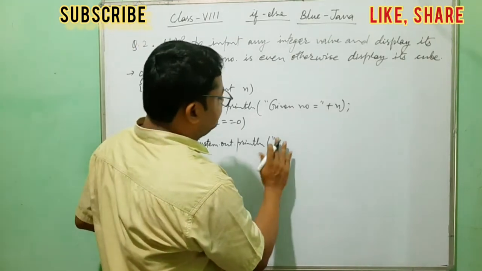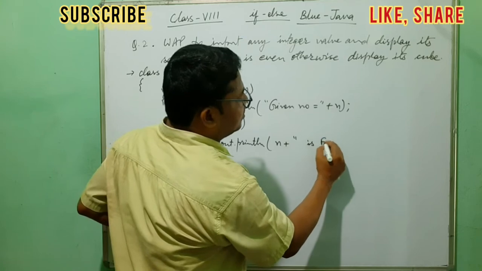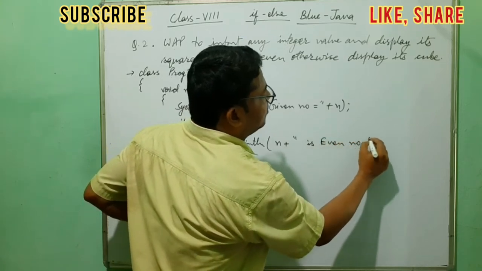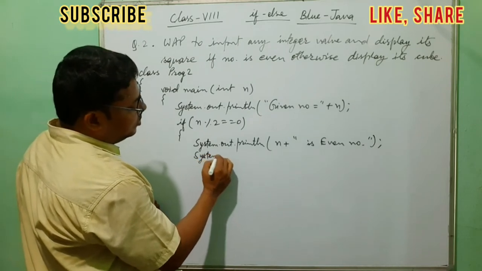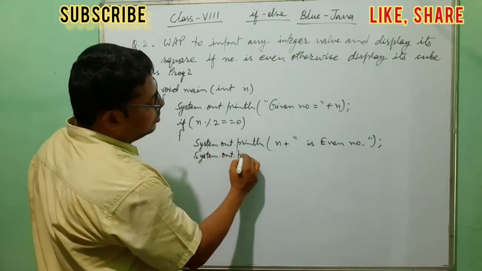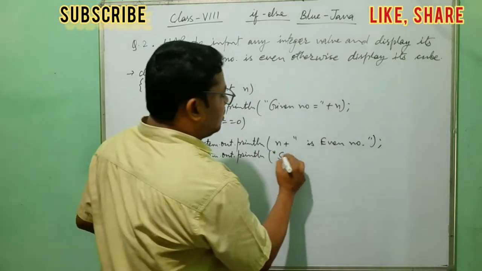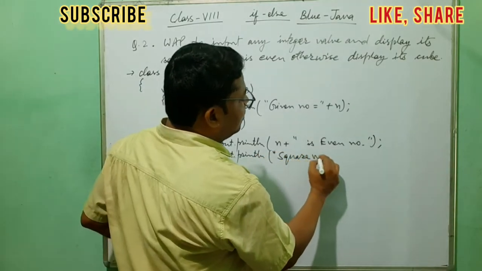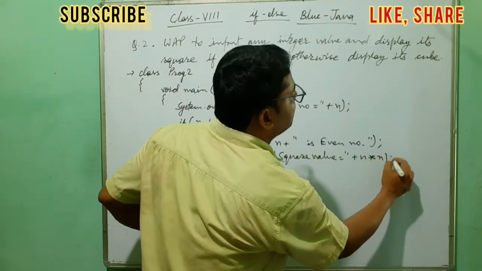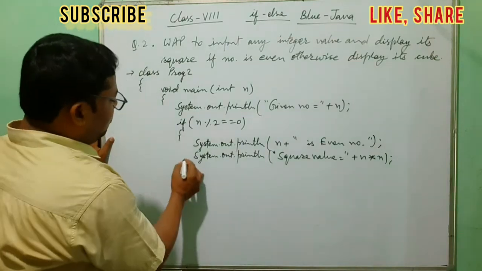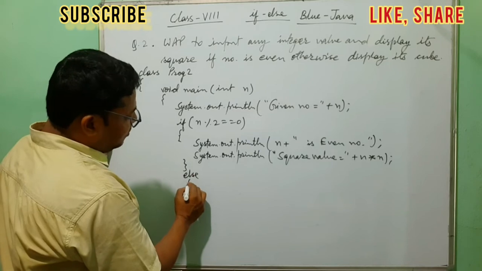So what will you write here? Like this: n plus " is even number". After that, in the second line you write System.out.println("square value is equal to" + n into n). Two lines we have written, no problem. Now in else, what will we do?